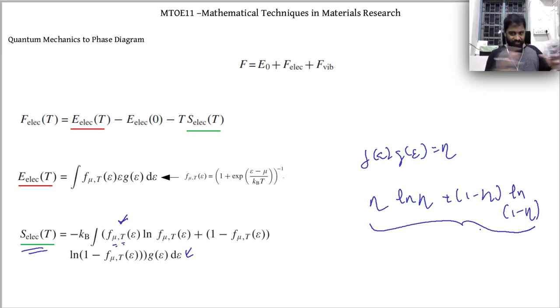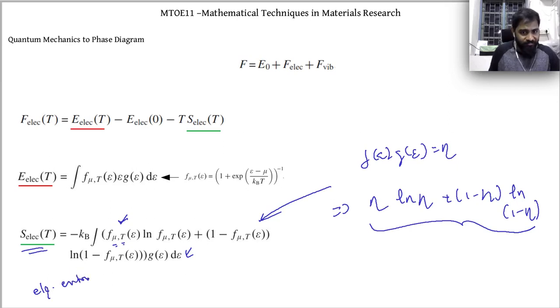So in the sense of classical thermodynamics, when we want to consider configurational entropy, apart from the degree of irreversibility, this is how we would define it. So the same description is being extended here. Based on the understanding of entropy in classical thermodynamics, we are now able to describe our electronic entropy.